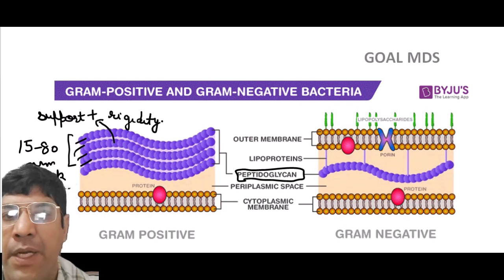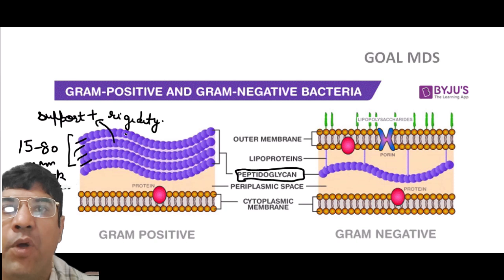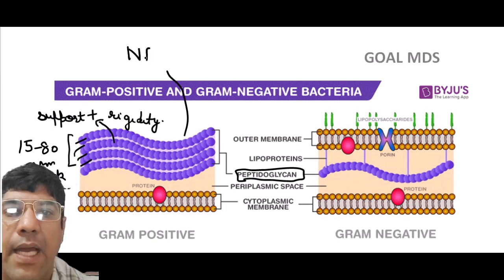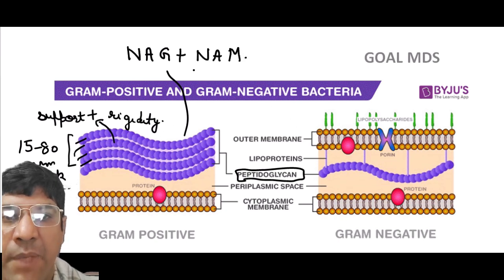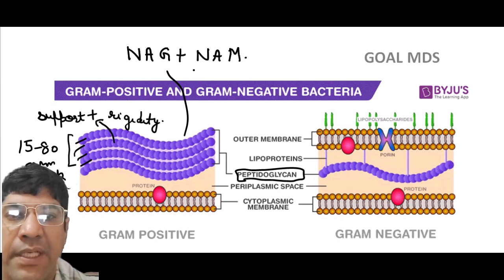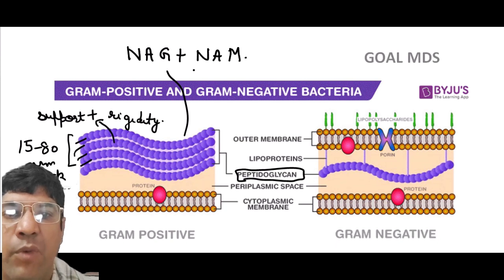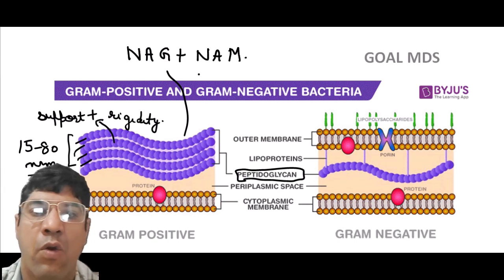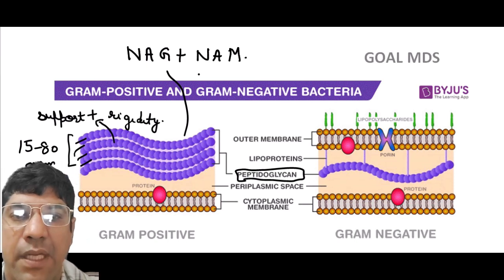The peptidoglycan is a complex polymer made up of two sugar molecules, that is NAG and NAM, N-acetyl glucosamine and N-acetyl muramic acid. These sugar molecules alternate to form long chains. The peptidoglycan chains are cross-linked by peptide chains, creating a three-dimensional scaffolding structure.